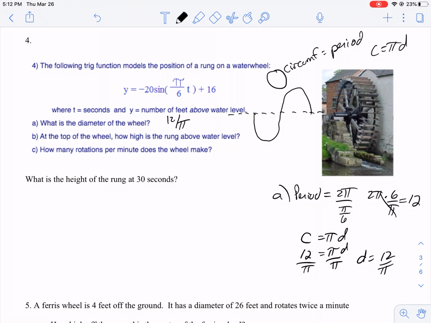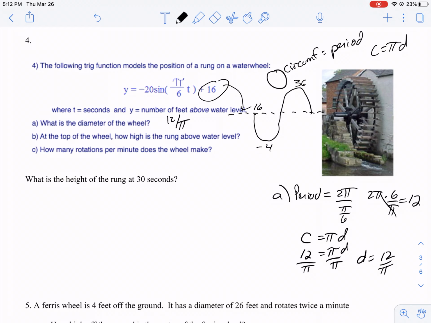The midline would be right here, and this says the midline is 16. The amplitude is 20. So that says it goes 20 above 16, which makes 36, or 20 below 16, which is -4. The fact that we're going -4 means it's going below the surface, which, if you look at a water wheel, makes sense. Those rungs have to dip down into the water to scoop it.